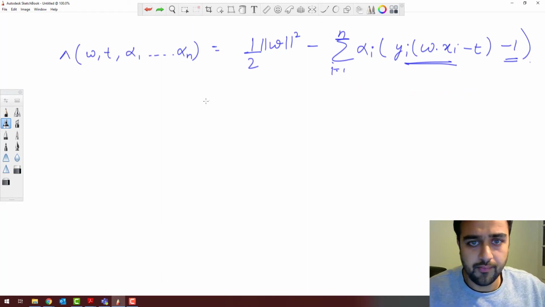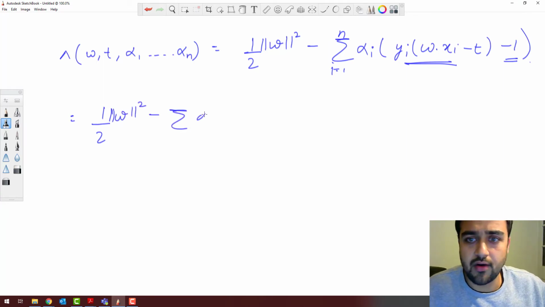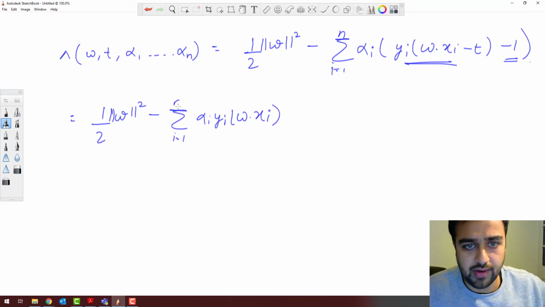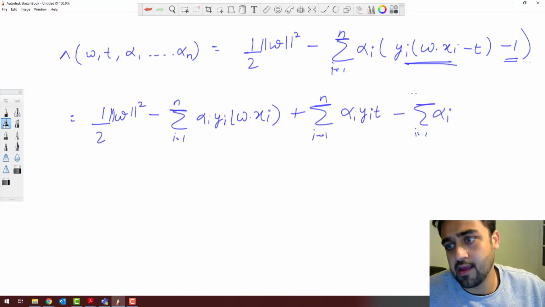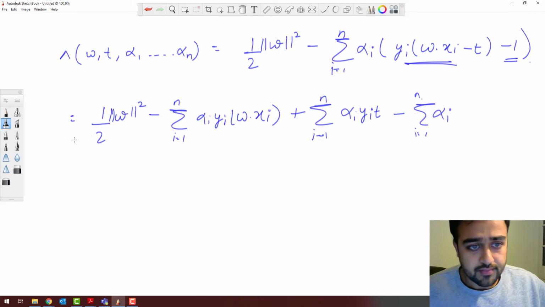So proceeding forward, we split this up. If we split this up, we get half mod w square minus sigma of alpha i yi w xi, i goes from 1 to n, plus sigma i goes from 1 to n alpha i yi t minus sigma alpha i, right?